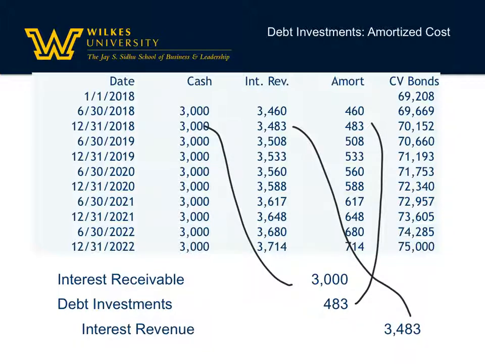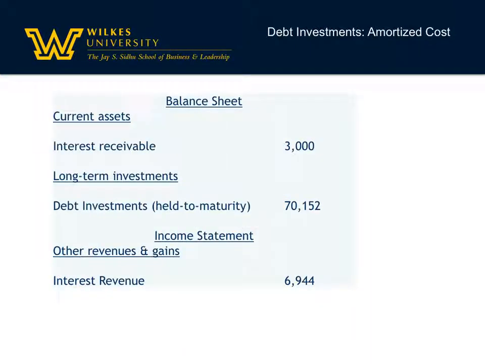But you also need to make sure you show it properly on your balance sheet and income statement. So this is what they look like. And one of the things to note is at the end of the year, the end of 2018, the carrying value of the bond is $70,152. So on your balance sheet, you have your $3,000 in interest receivable.